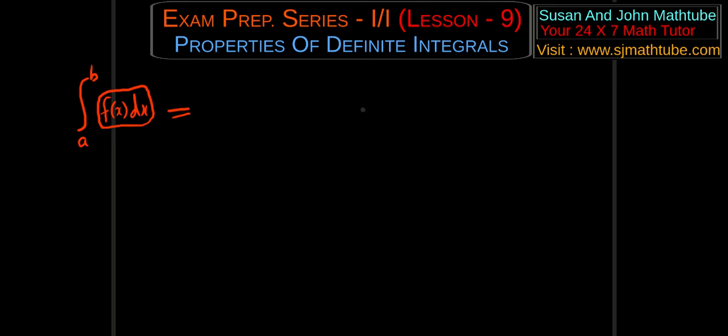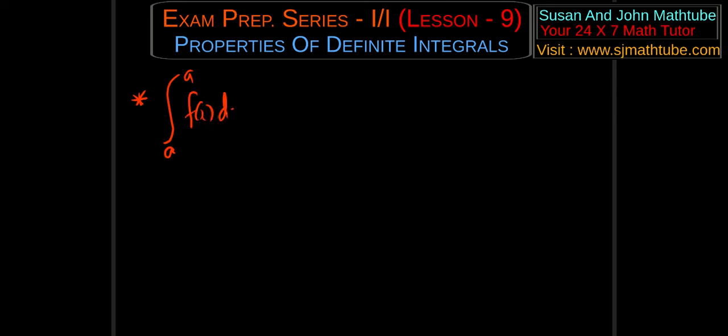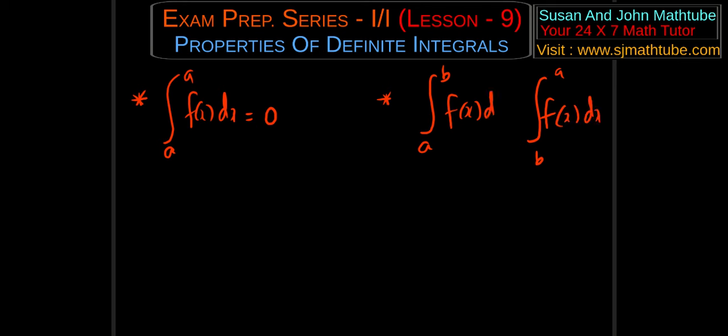And then we learned a few properties which I list now and I want you to note them. So property number 1, integral a to a f of x dx will be equal to 0. And property number 2, if you interchange the limits in a definite integral, then what will happen to the integral value? It will be negative.